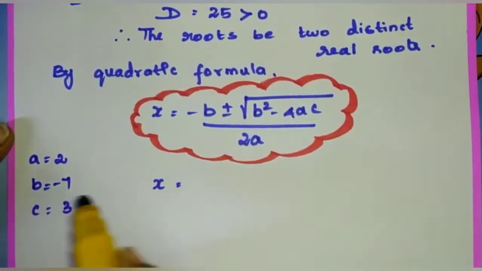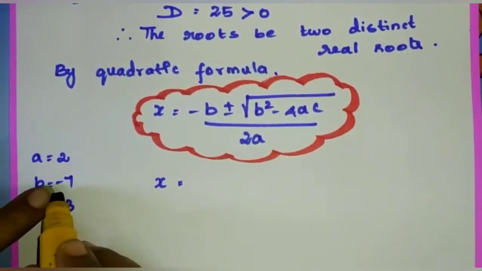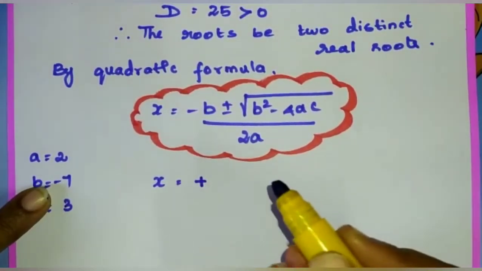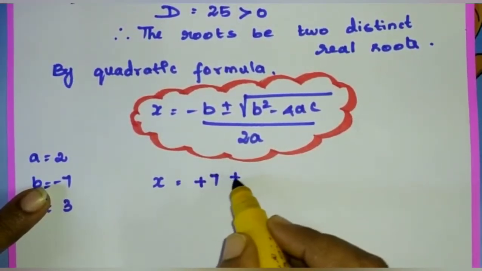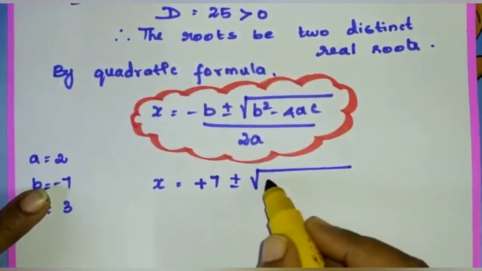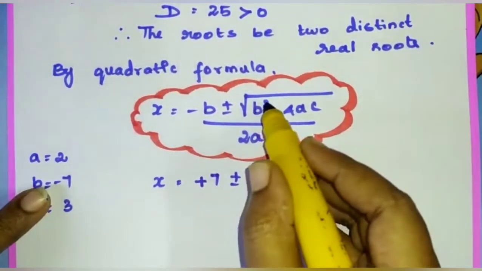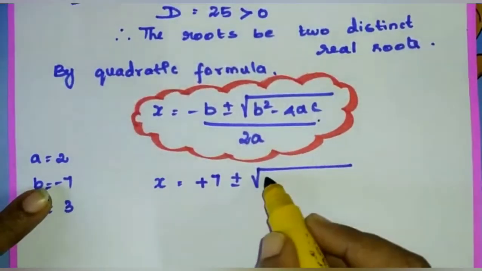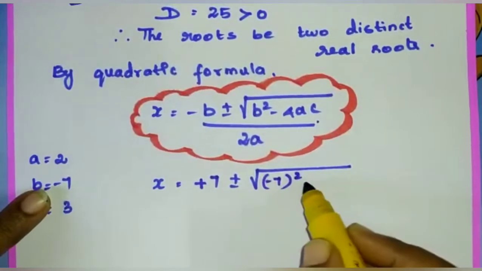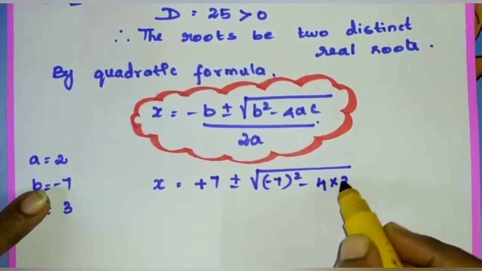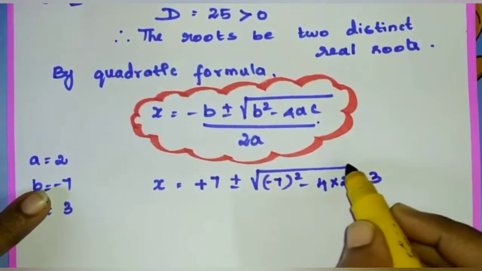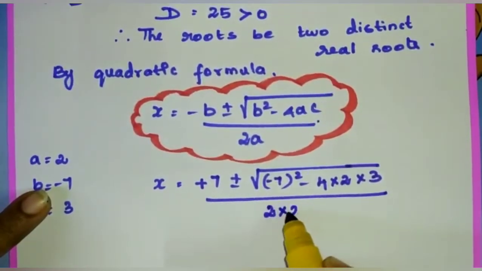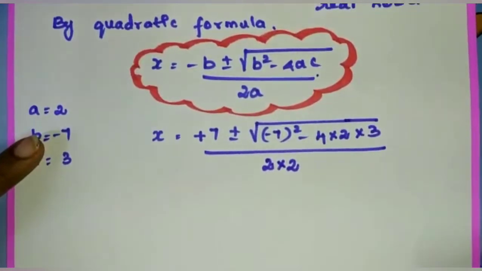So minus b, already we have one negative sign in b, so minus into minus is plus. 7 plus or minus root of b square minus 4ac. Minus 7 the whole square minus 4 into 2 into 3. Then 2a is 2 into 2.